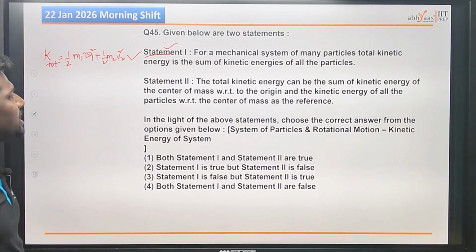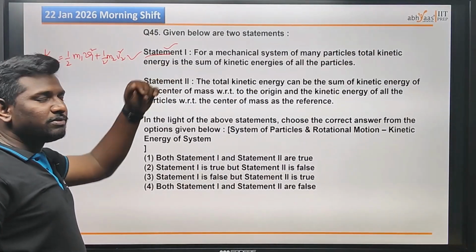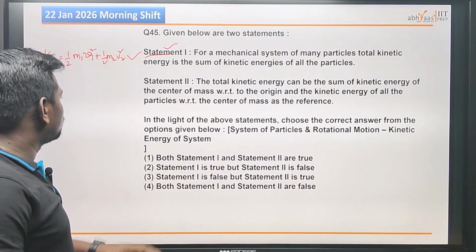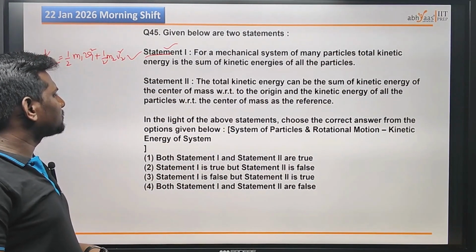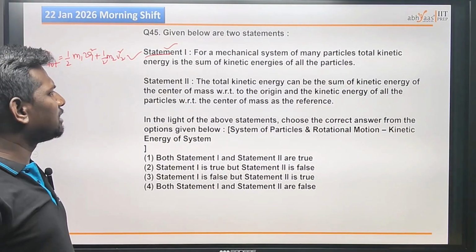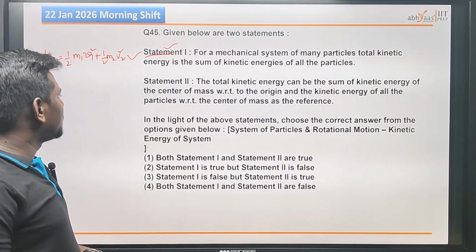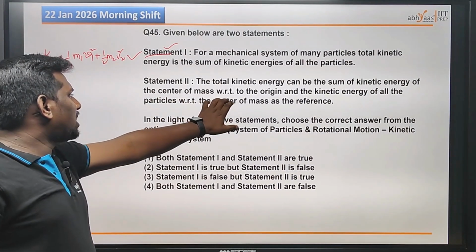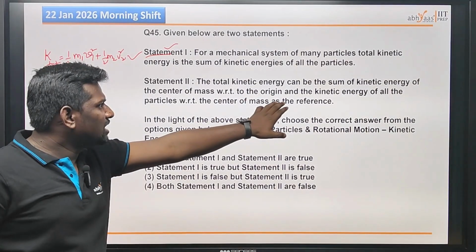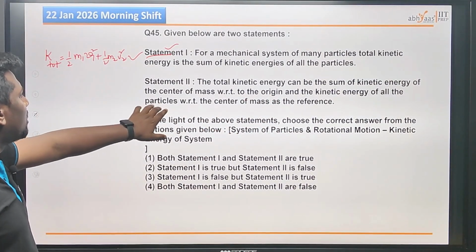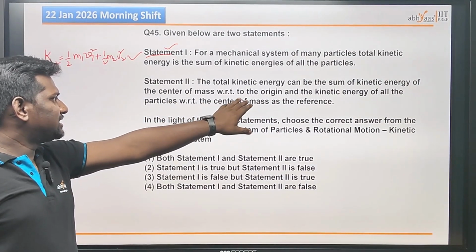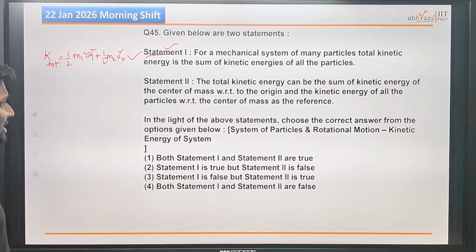What about statement 2? The total kinetic energy can be the sum of the kinetic energy of the center of mass with respect to the origin and the kinetic energies of all the particles with respect to the center of mass as a reference.